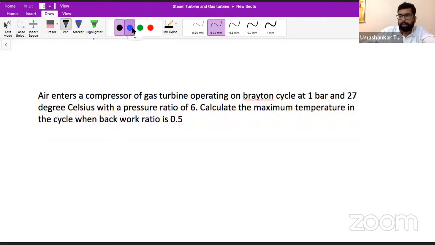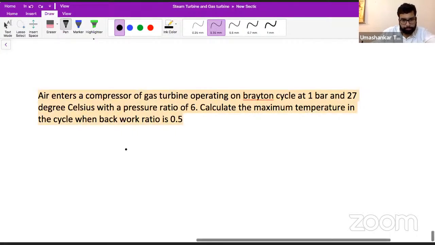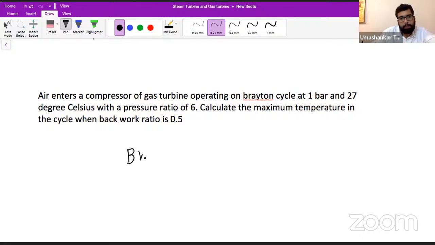What we have seen in the previous sessions is that the back work ratio is the negative work in a cycle upon the positive work in the cycle. So this is given to be 0.5.